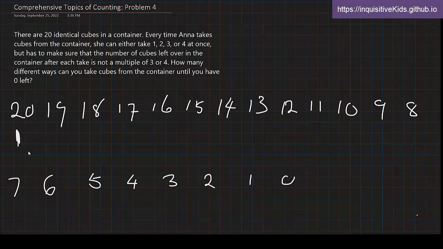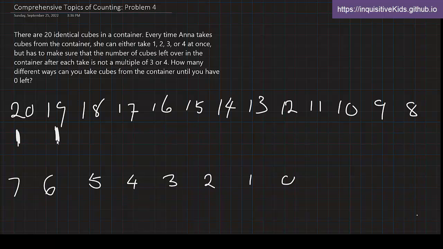If you haven't taken any cubes, then you can have 20 left over. 19 is also possible, because if your first take is 1 cube, you subtract 1 from 20 and get 19. There's one way of getting to it, so I also wrote a 1 underneath.